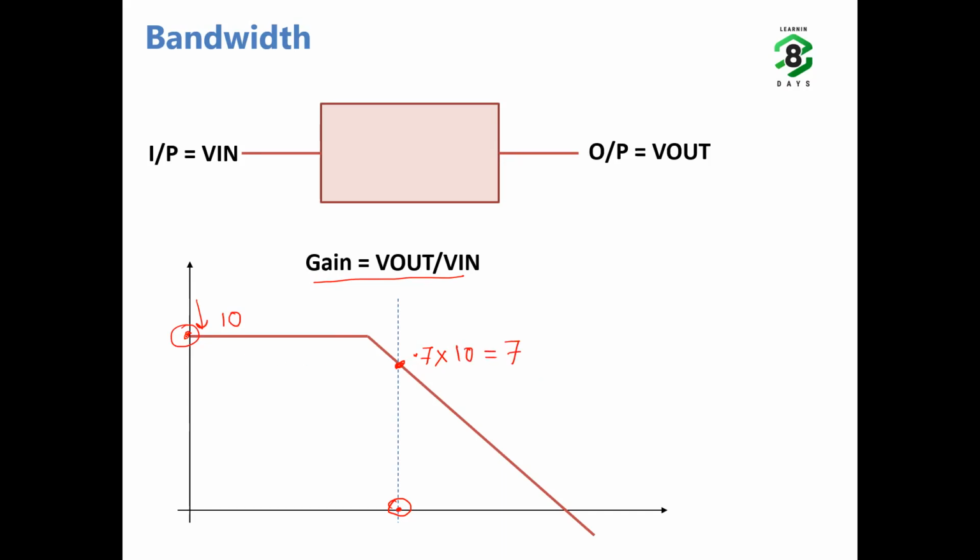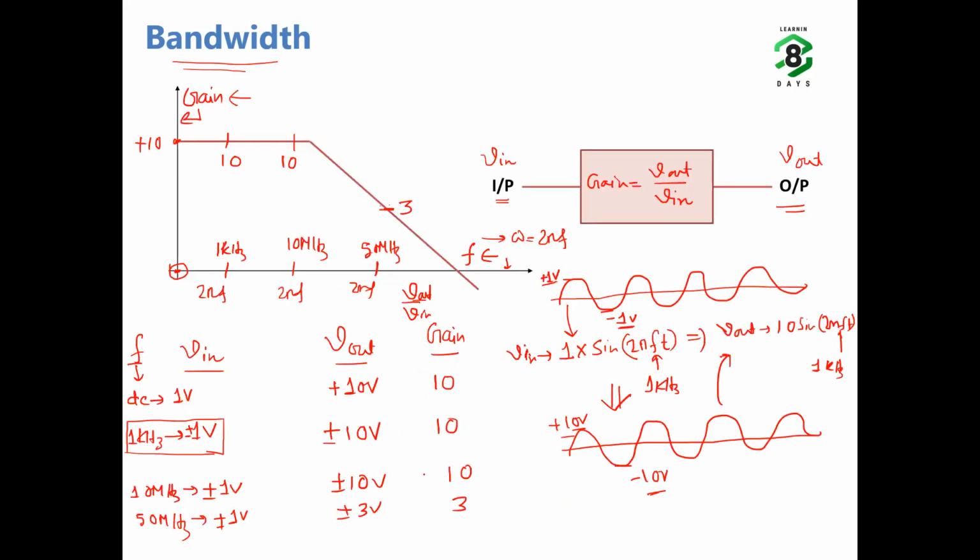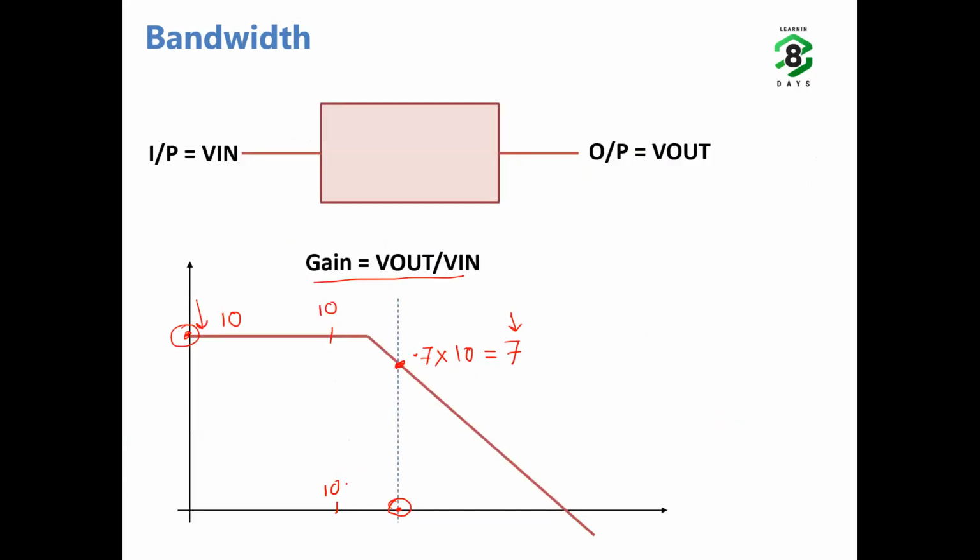So in this case, first we'll plot the transfer function, then we'll compute the DC gain. From the DC gain, we'll multiply by 70% to compute the new gain, that is now 7, and we'll see at this gain what the corresponding frequency is. In this example, we saw that at 10 megahertz also the gain was 10.